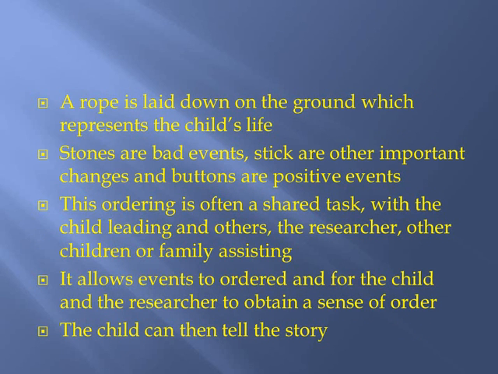What you do is you lay out a rope on the ground that represents a child's life, and you give them stones, sticks, and buttons. And they start to place these on the rope. One end of the rope is their birth, the other is where they are now. The stones represent the bad events, the sticks represent major changes, and the buttons positive events.